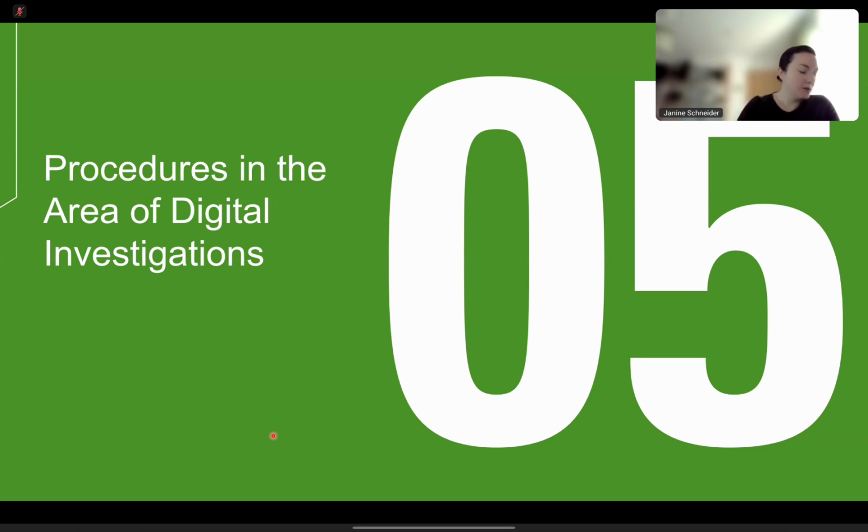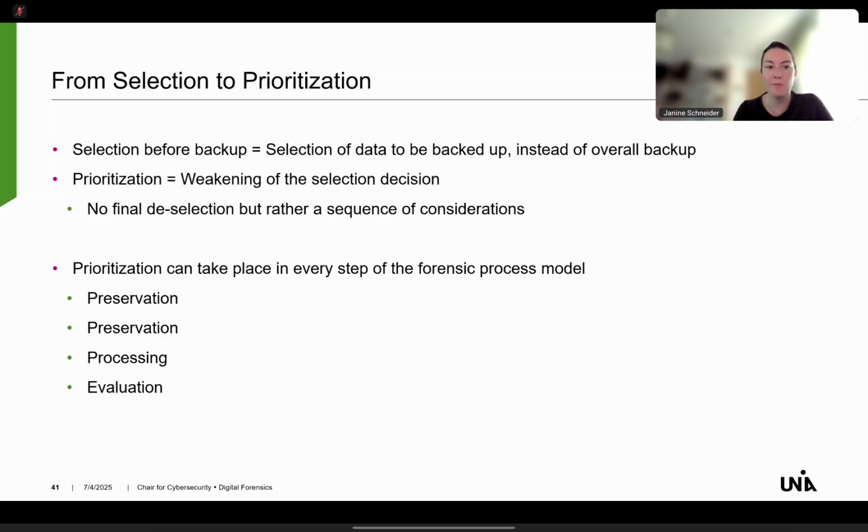Okay. The next thing I want to talk about is the procedures in the area of digital investigations, and this is why most of you are actually here, I guess. There's something called selection and something called prioritization. The selection is an attempt to concentrate on what is actually relevant.